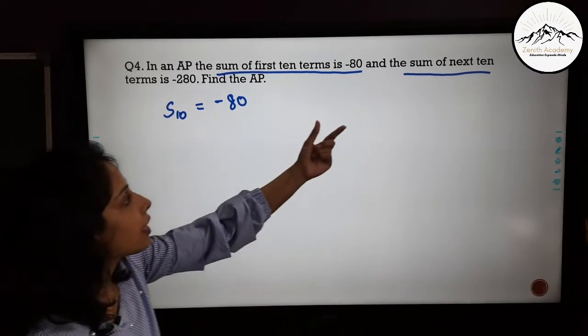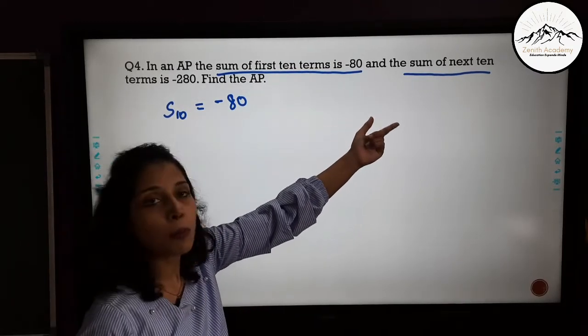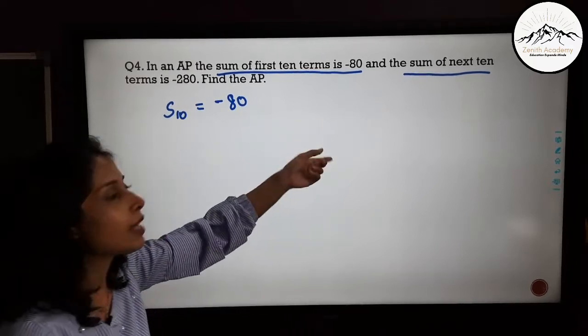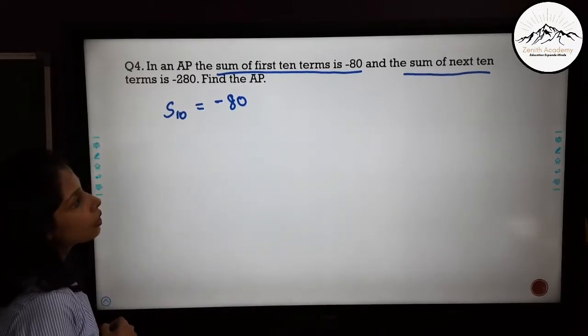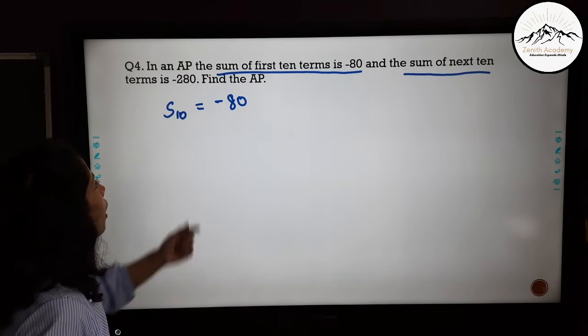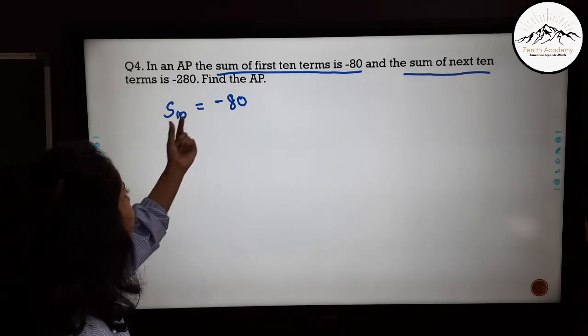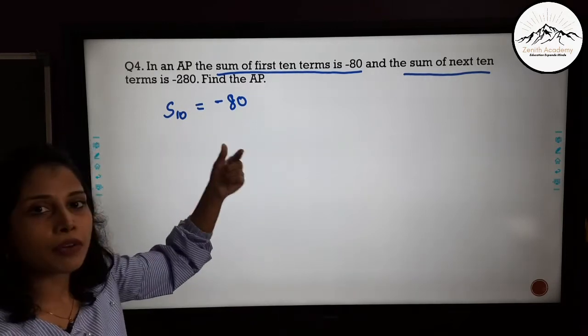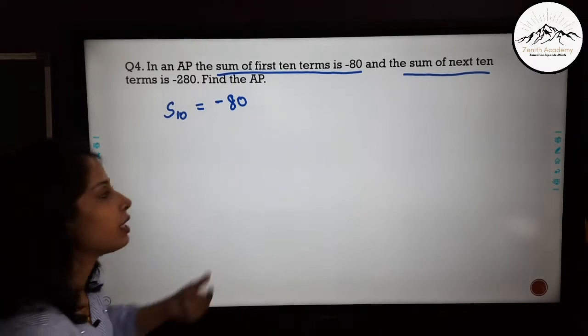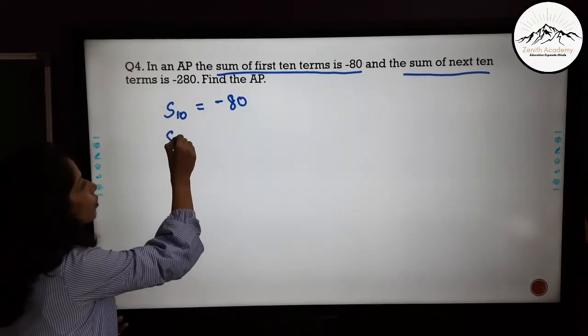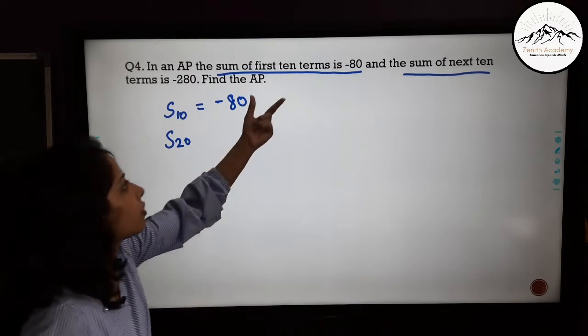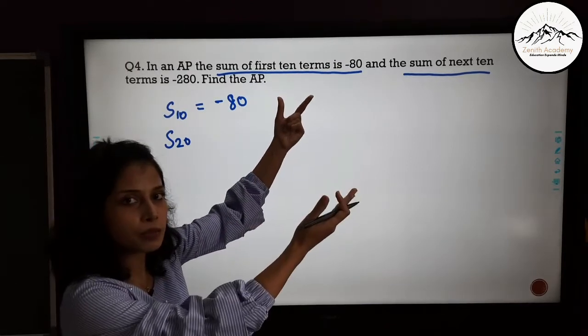Now the next thing we have been given is the sum of next 10 terms. How can we write next 10 terms? Sum of 10 terms plus sum of next 10 terms will give us the sum of 20 terms. This is because the first 10 and the next 10 terms we have been given.